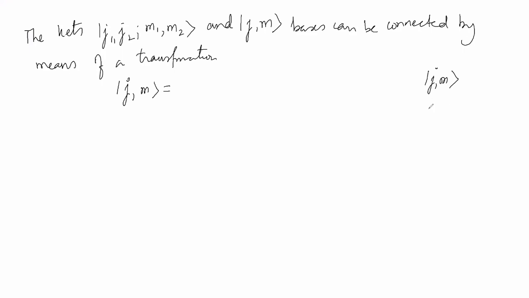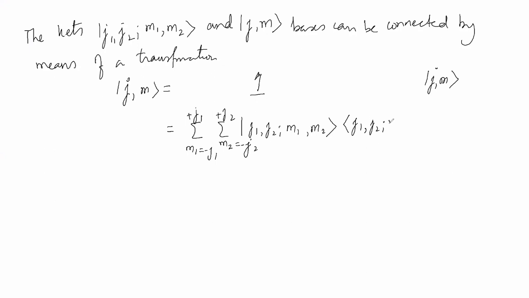But then, instead of a 1 here, I am going to use the normalization property, and sandwich M1 equal to minus J1 to plus J1, M2 equal to minus J2 to plus J2, ket J1, J2, M1, M2, bra J1, J2, M1, M2, and then write ket JM.